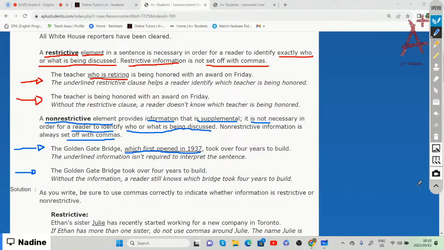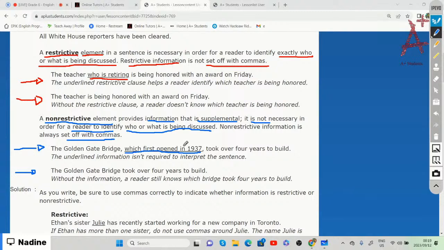Then also, the Golden Gate Bridge took over 4 years to build. That is now without that underlined information, and without it, the reader still knows which bridge took 4 years to build. Like if we talk about Disney World, we know Disney World, right? We still know what is being discussed.